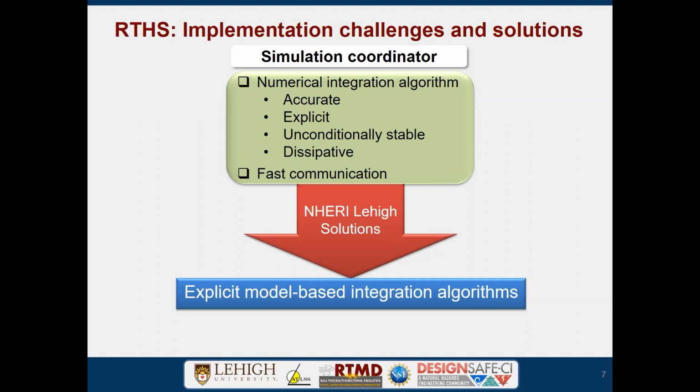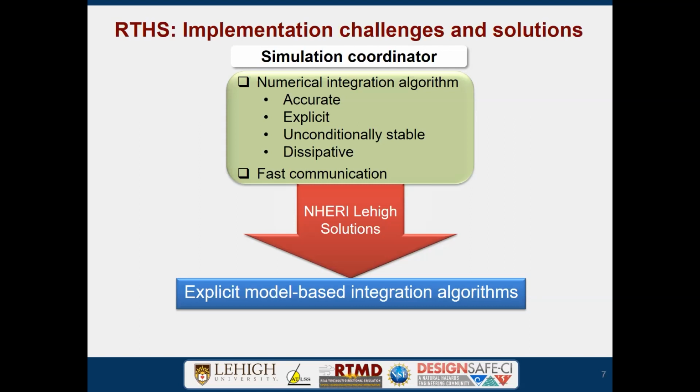But if you want to do it in real time, as long as there are iterations, it may not converge at each time step, so it's always a challenge to do in real time. Also, the integration scheme has to be unconditionally stable, because you're adding a physical element, right? If your simulation becomes unstable, it can destroy your physical experimental specimens.